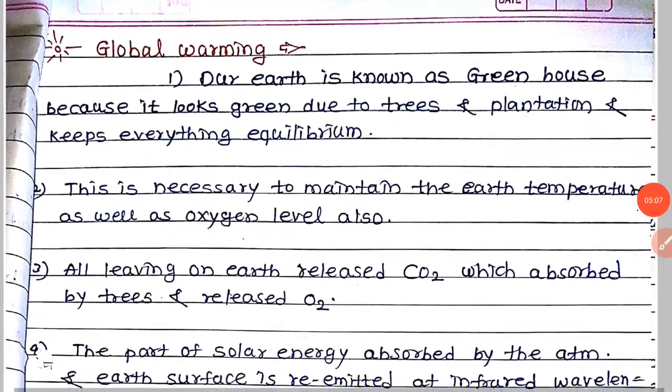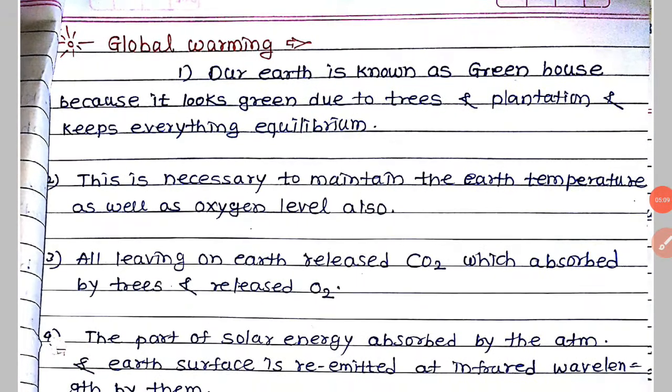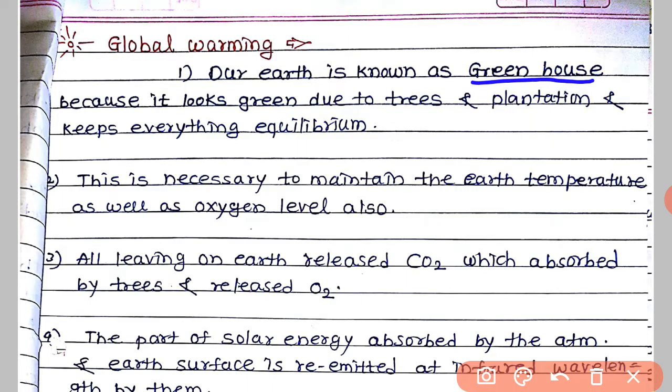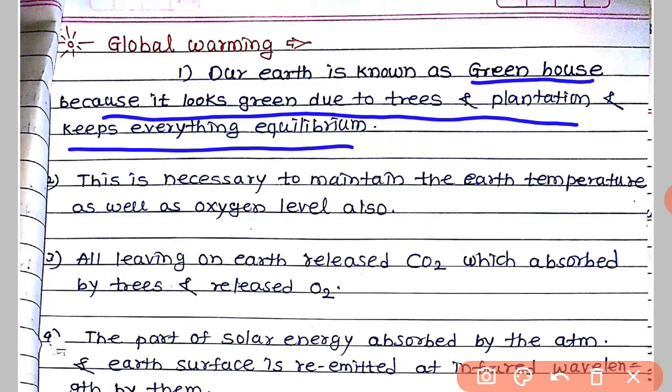Now we are going to see what global warming is and the effects of global warming. See here, our earth is known as a greenhouse because it looks green due to trees and plantation and keeps everything in equilibrium. So it is necessary to maintain the temperature of the earth as well as the oxygen level.